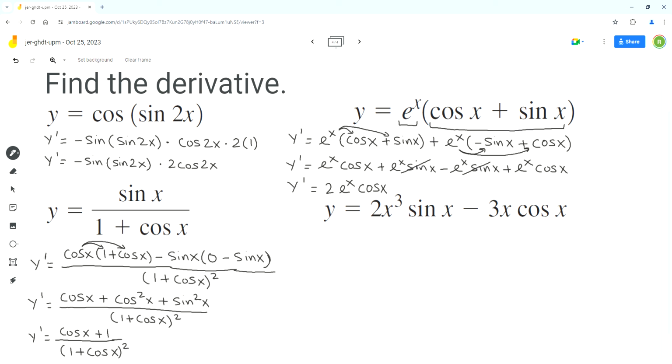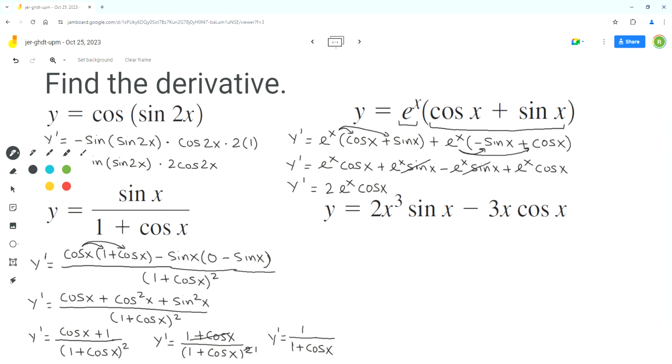Now we can rewrite the terms in the numerator. We can rearrange the terms and we can write it as 1 plus cos x, and we can cancel out 1 plus cos x from numerator and denominator. So we are left with just 1 over 1 plus cos x. So this should be the derivative of this third function.